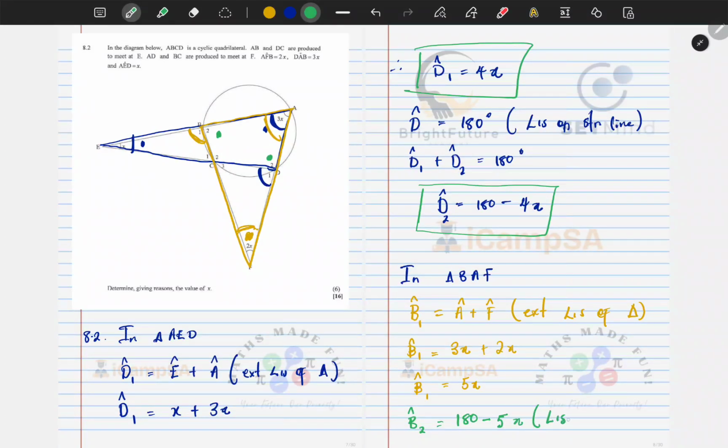Why? Because it's angles on a straight line. Right. So now we have this angle and that angle.